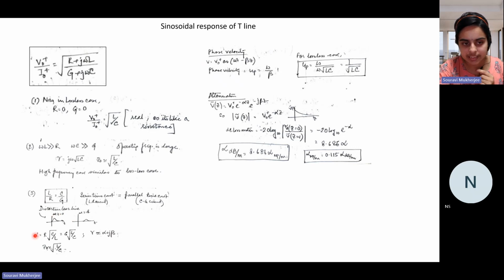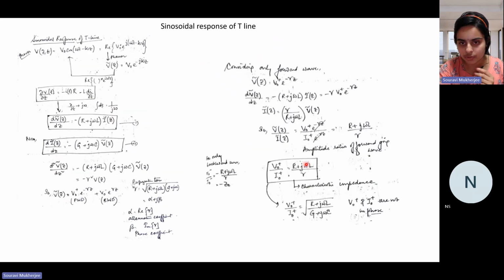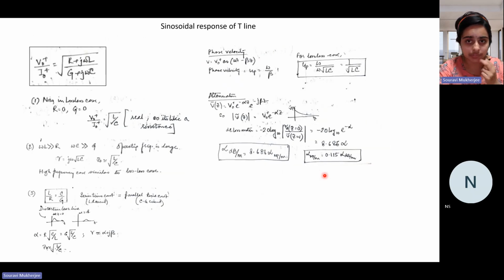In that case, alpha, which is the attenuation term, is given by this expression here. And Z naught equal to root over L by C is your characteristic impedance. So the formula for Z naught, the formula for alpha, the characteristic impedance formula, the formula for gamma, all of these are very important for numerical problems.